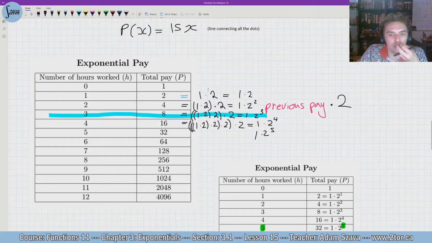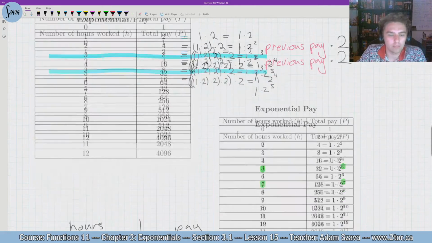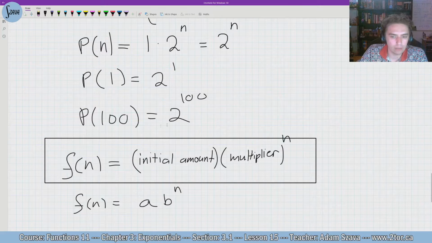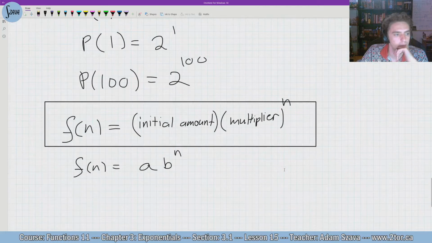You're always taking your initial amount and multiplying it by the multiplier n times. So that's what that power is doing for us there.